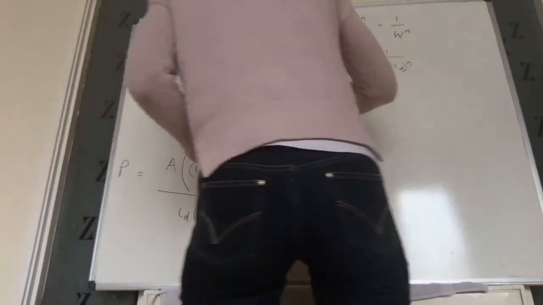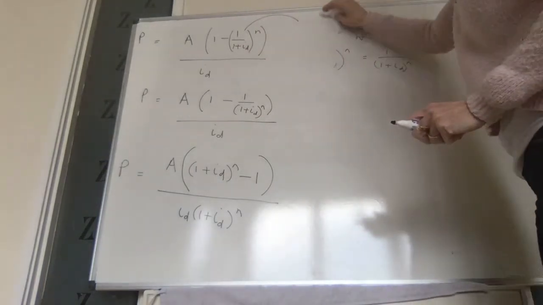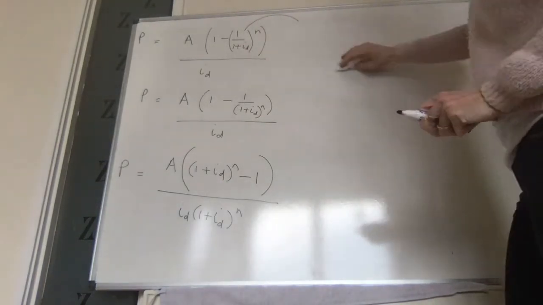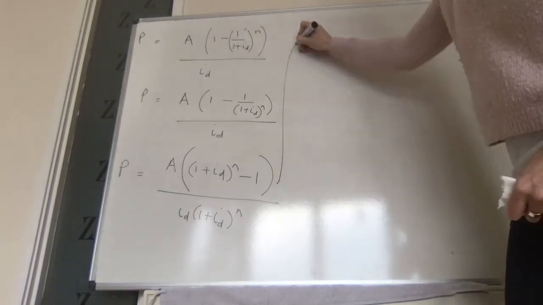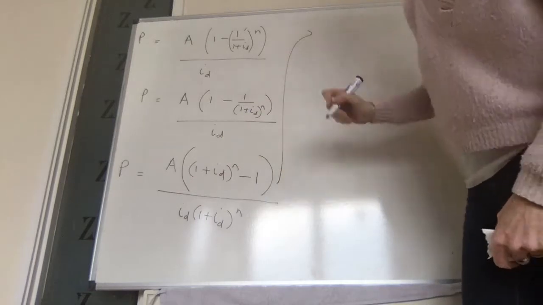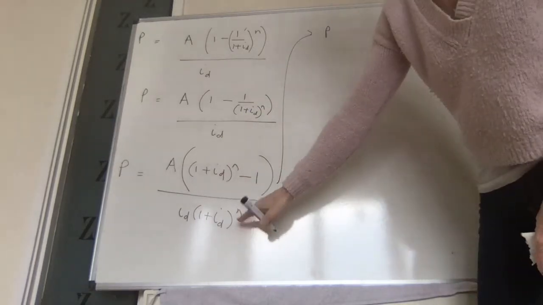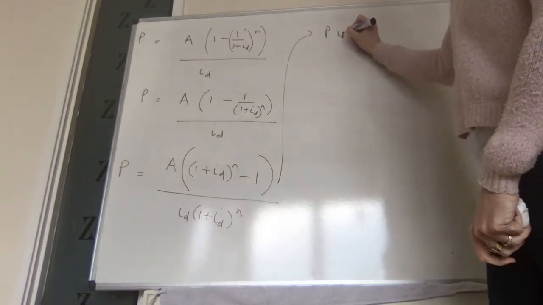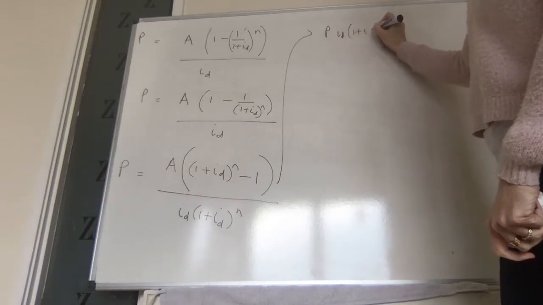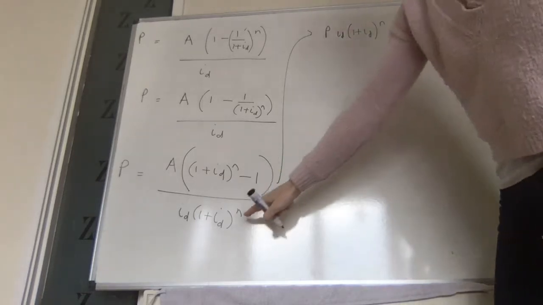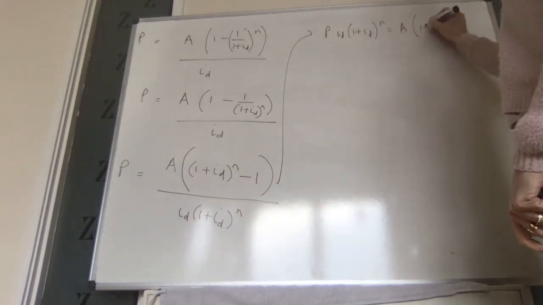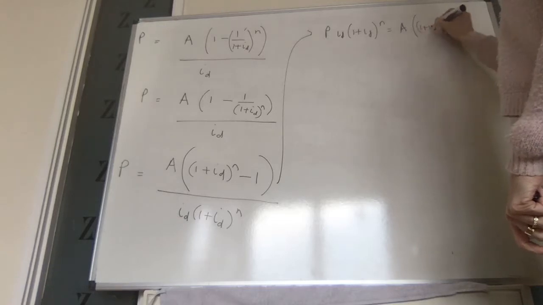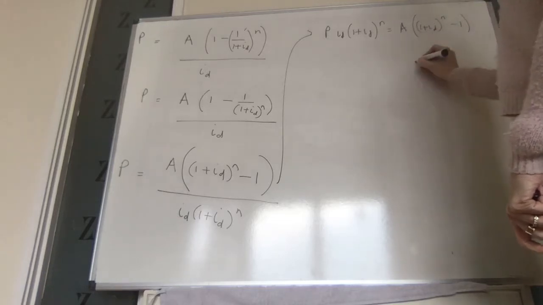Okay, now let's move from that up here. So all we're going to do now is we want A on its own. So we're going to multiply across by the fractions. So P times I times 1 plus I to the power of n, just multiply both sides by that, is equal to A times 1 plus I to the power of n minus 1, and then divide by this bit here to get A on its own.